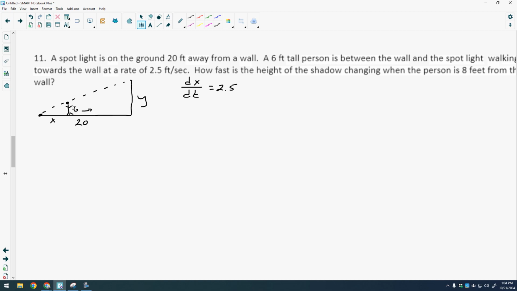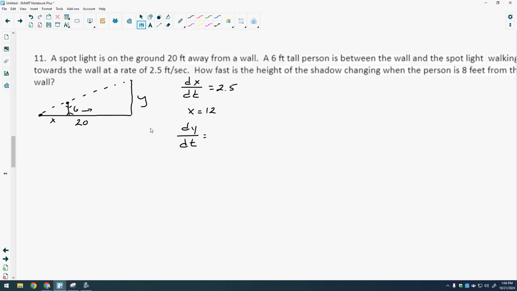This is a constant of 6, and what I'm looking for is the height of the shadow when the person is 8 feet from the wall, which means when X is equal to 12, because the person being 8 feet from the wall makes this distance 12. Okay, I want to know the rate at which the height of the shadow is changing.